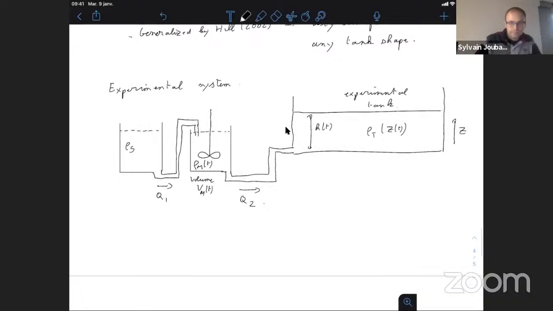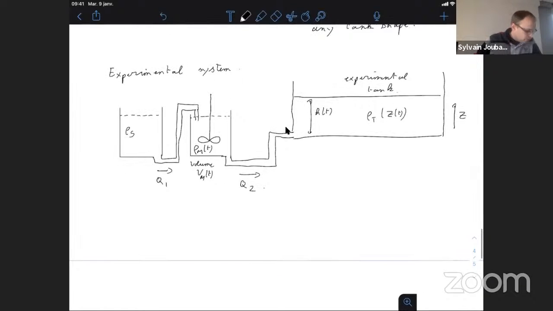It's what we use for linear stratification. So what I want to explain is how we get the evolution of ρ in the tank as a function of z. That's the question I address in this system.